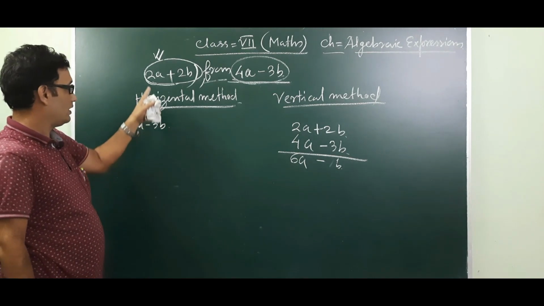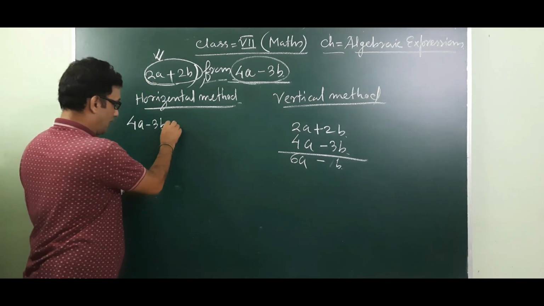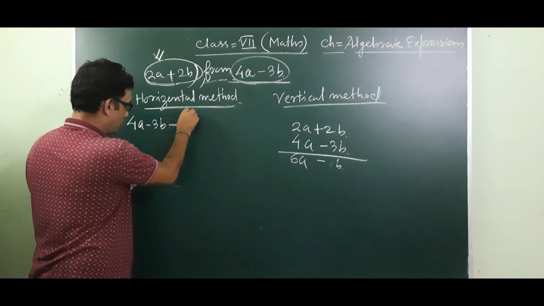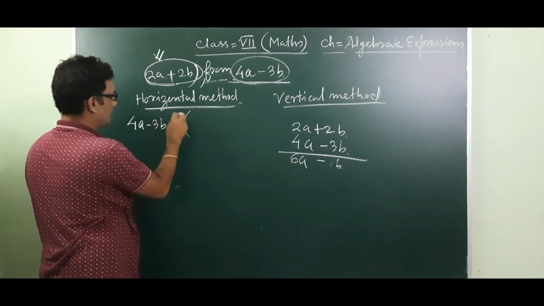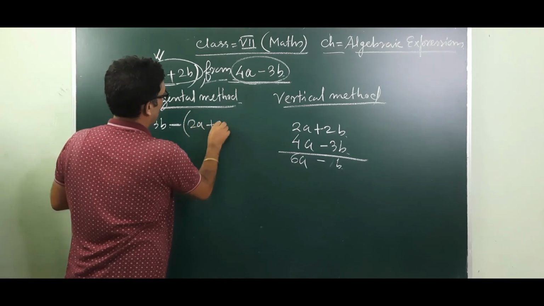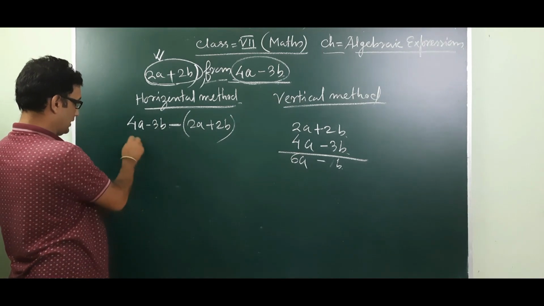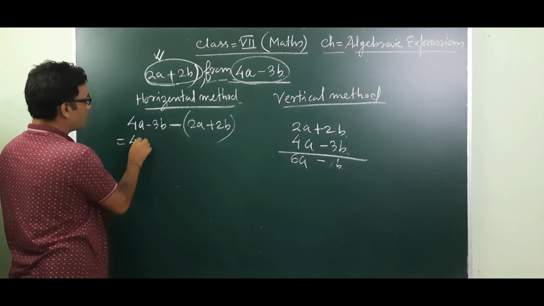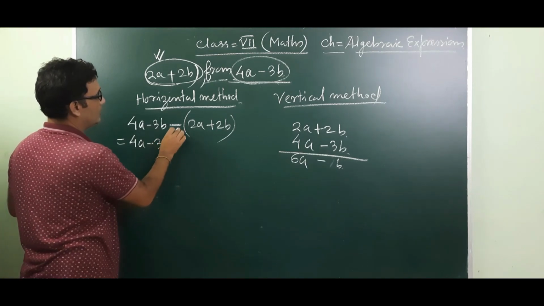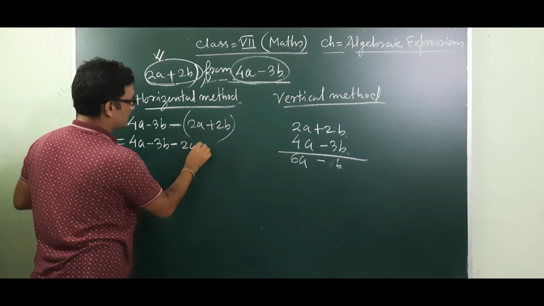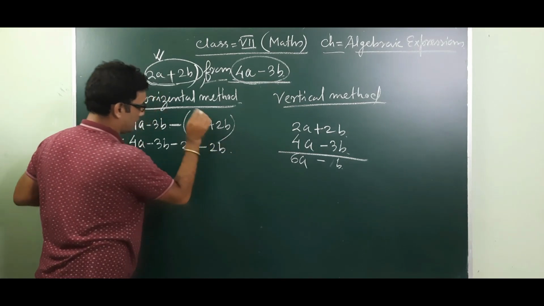Then you are going to subtract, so you write the minus sign. As soon as you write the minus sign, don't forget to give the bracket. Then you write 2a plus 2b. The next step: 4a minus 3b, then plus into minus, minus 2a, plus into minus, minus 2b.